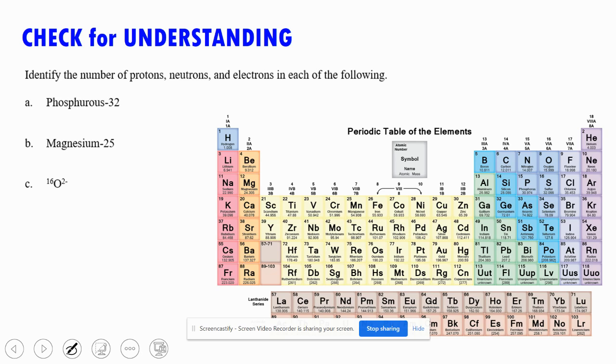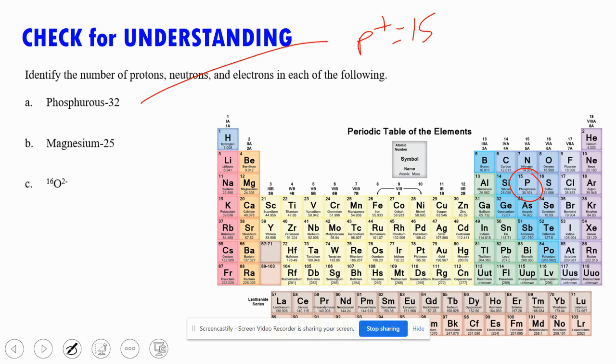All right, well, let's get started and do our first one, phosphorus-32. Let's find it on the periodic table. We see that phosphorus is over here, and I can see right away the atomic number is 15. That tells me the number of protons, so the protons in phosphorus are equal to 15.